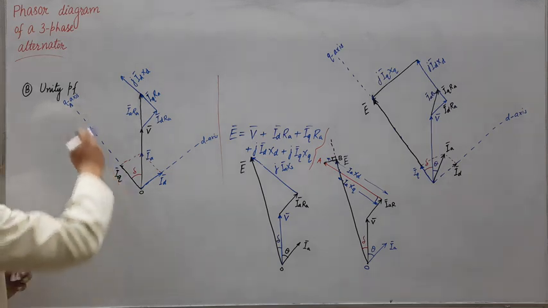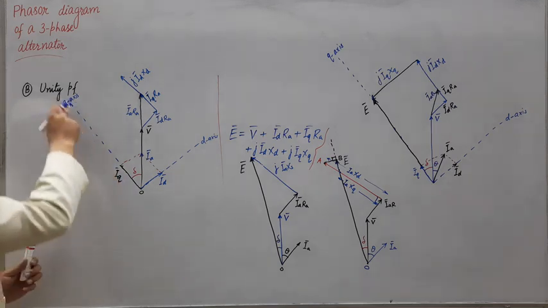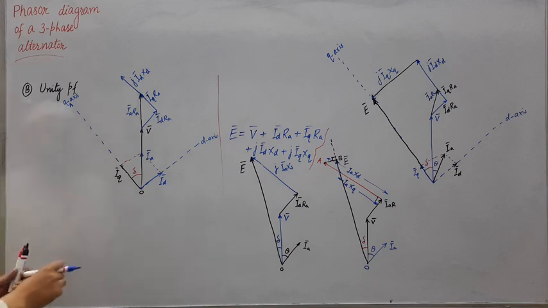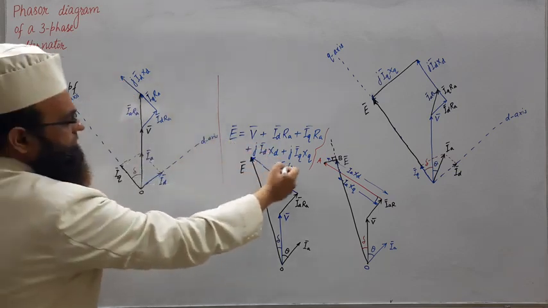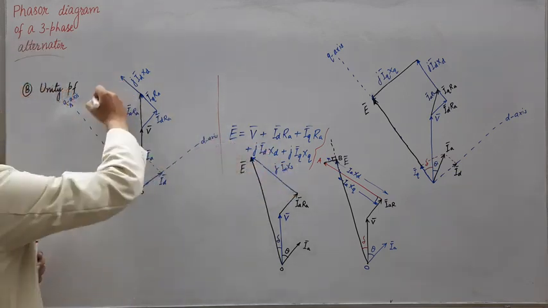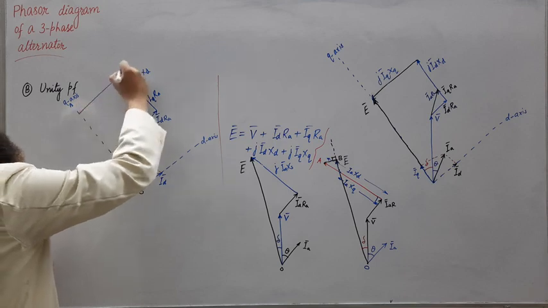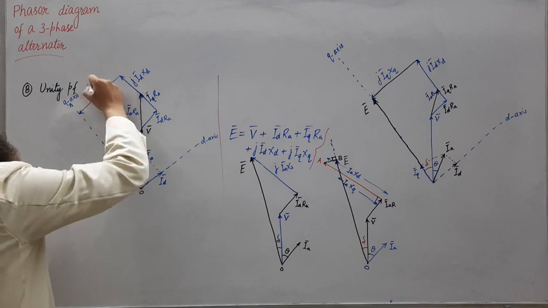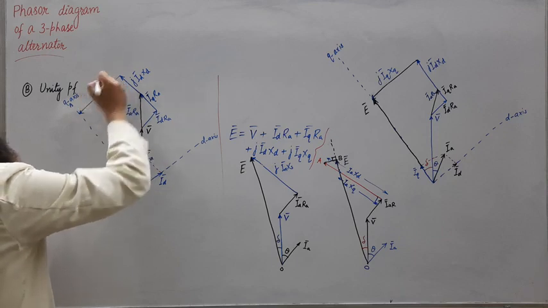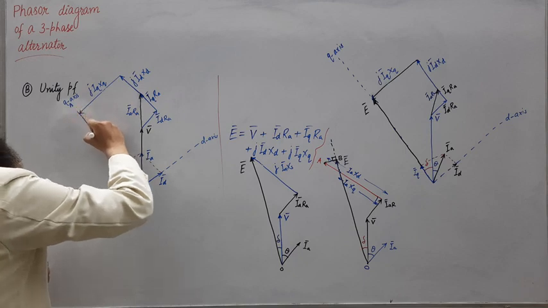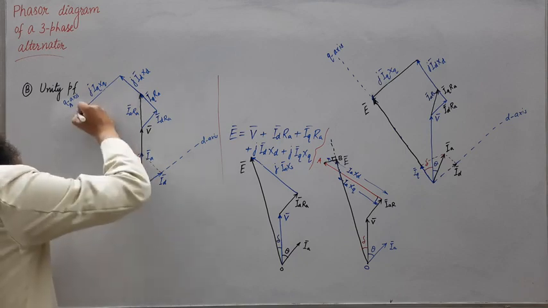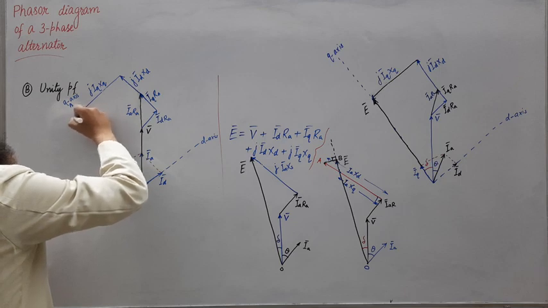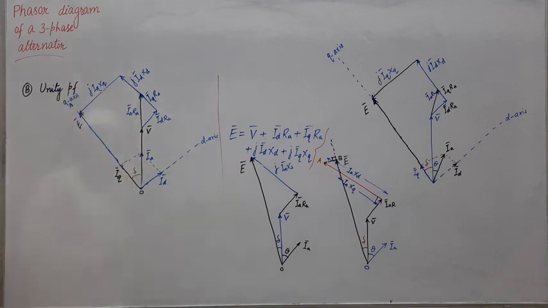We know that our E will lie along Q axis, but we don't know at which point we have the head of this phasor E. So from here J times IQ XQ will be cut, and this will be our tip of this phasor per phase induced EMF or internal EMF E. This was the case when delta was known.